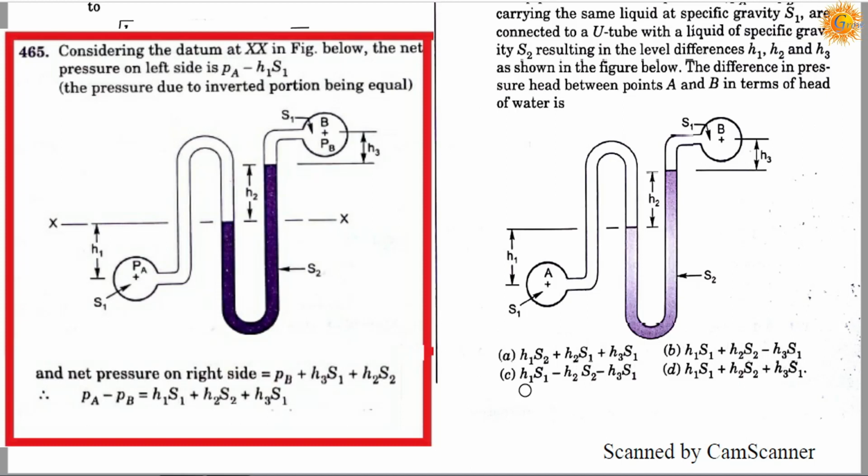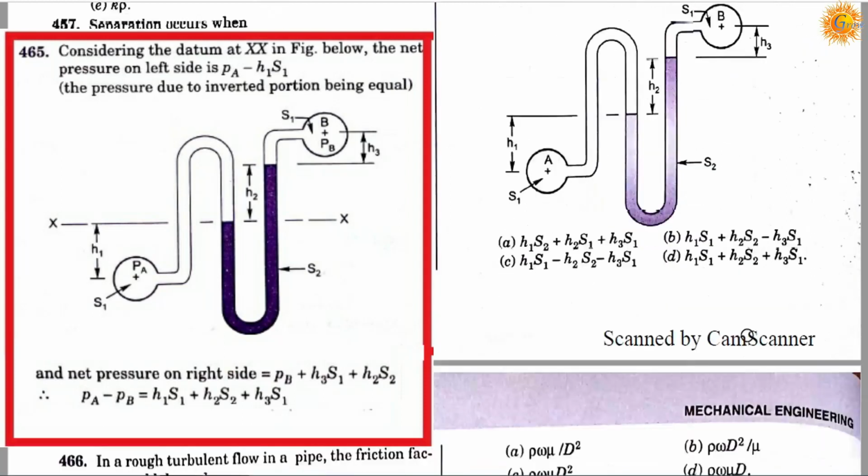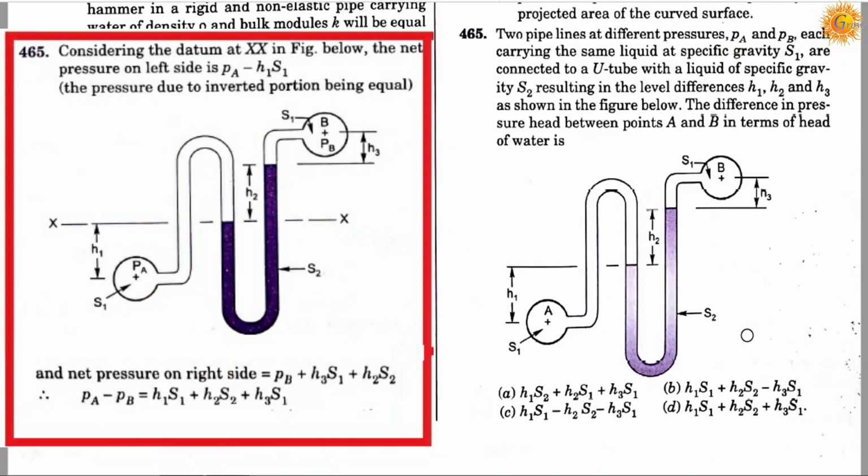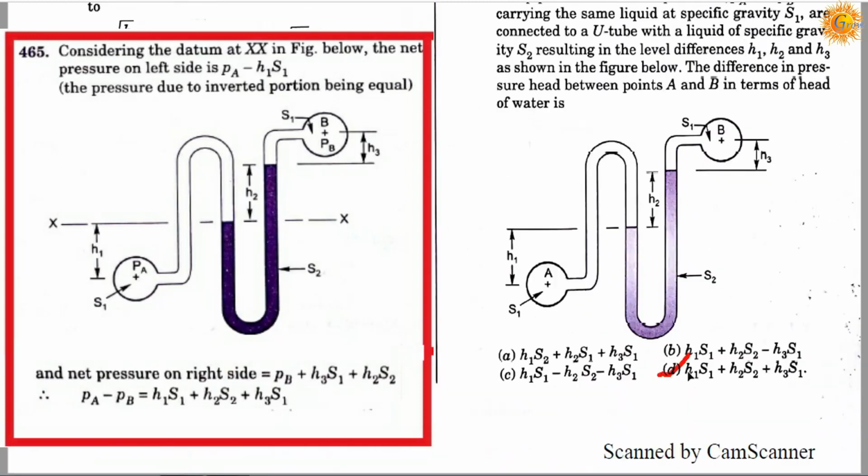Option C is H1 S1 minus H2 S2 minus H3 S1, and option D is H1 S1 plus H2 S2 plus H3 S1. So these are the four options. The correct answer is D. It will be H1 S1 plus H2 S2 plus H3 S1.